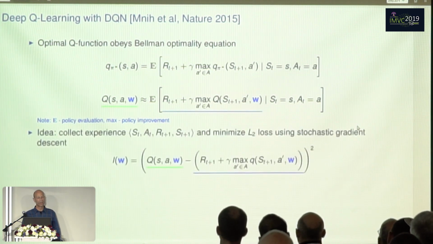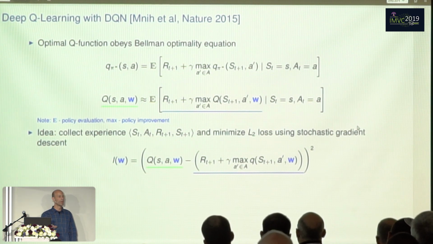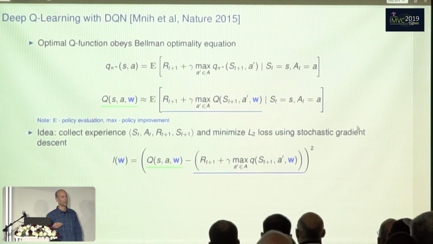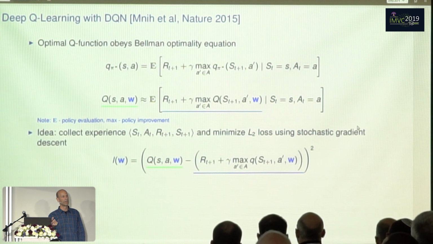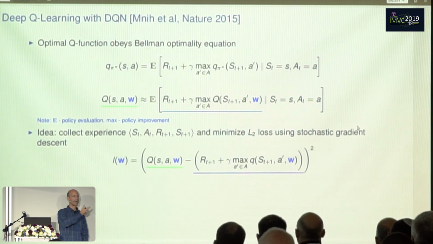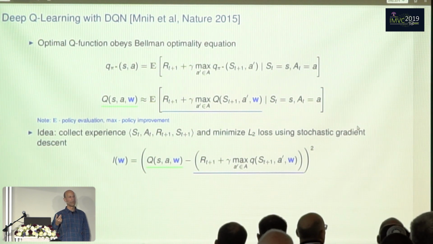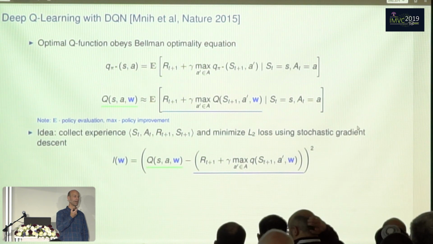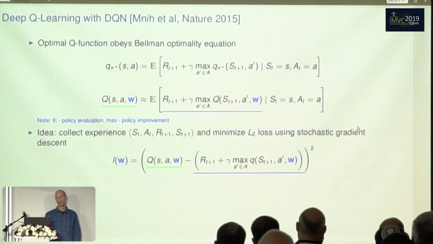Without getting into all the details, you can think of DQN as a continuous extension of Q-learning. Instead of using the Q-learning update formula, which assigns the right-hand side to the left-hand side, this time we collect data and try to minimize the L2 loss between the right-hand side and the left-hand side.